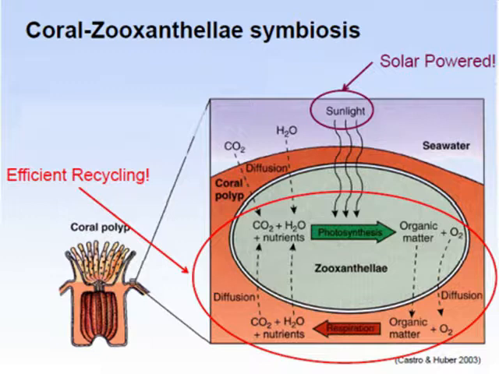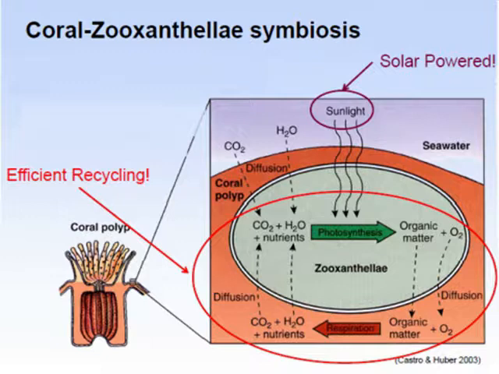On the right-hand image, you can see a zoomed-in image of the zooxanthellae. The zooxanthellae is the circle in green, and what I've highlighted here is that this is a very efficient way of recycling material, because nothing in this reaction is wasted.